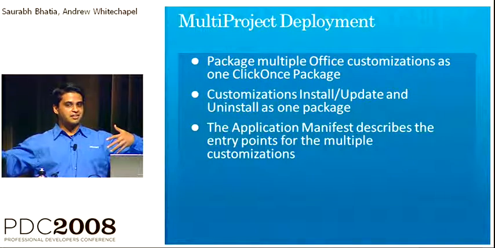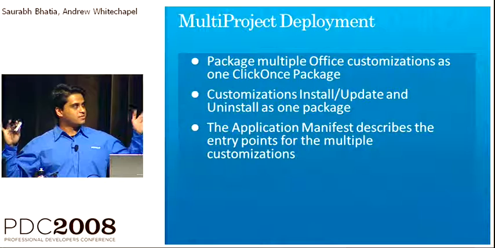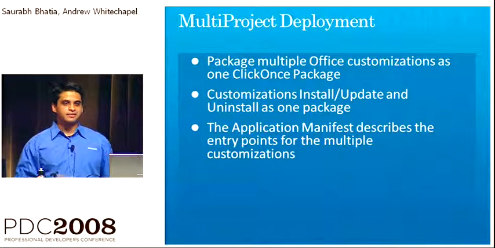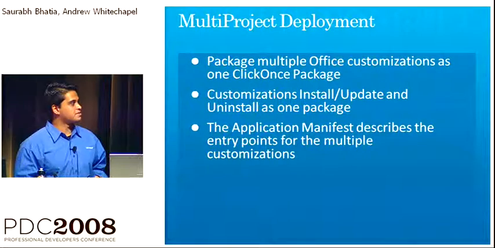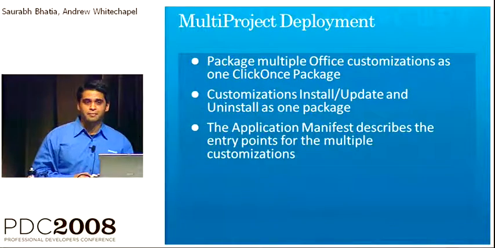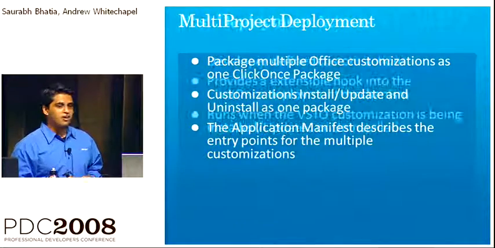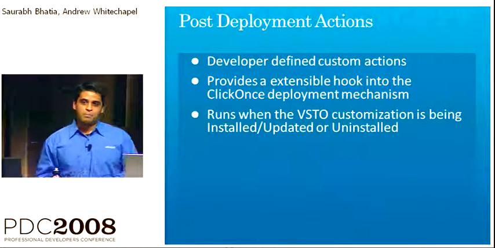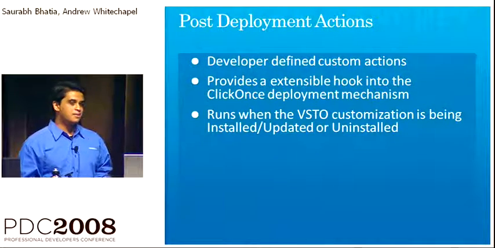All of them will install, update, and uninstall through just one install point, one .vsto file. And all of the changes that need to be made are in the application manifest in order to support multi-project deployment. So moving on to the second feature for today, and this gets even more interesting, post-deployment actions.